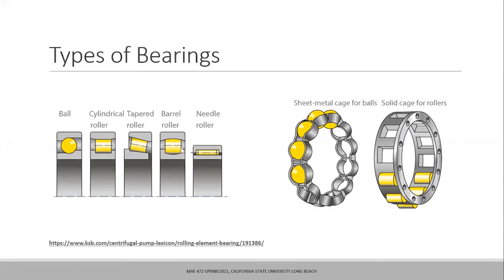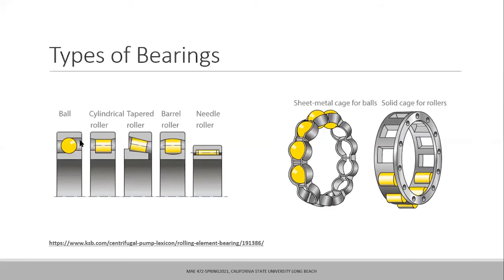Then you have barrel roller bearings, also called spherical roller bearings. They have a specific curvature which helps them self-align. So if there are some alignment issues, this curvature helps with the self-alignment of the bearing. And needle roller bearings, the most important advantage here is the space.